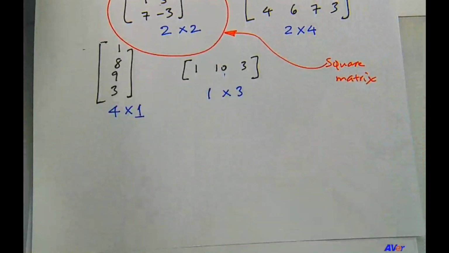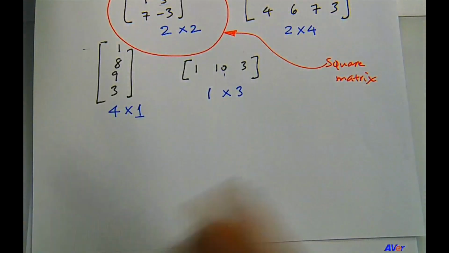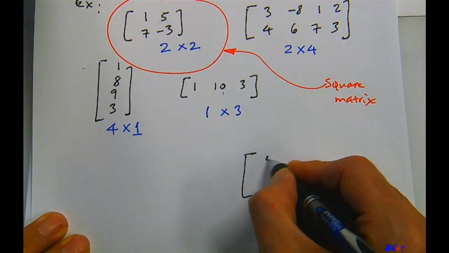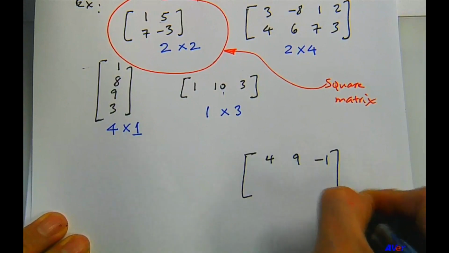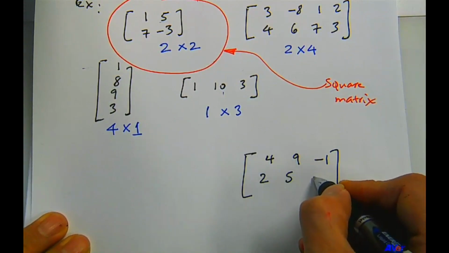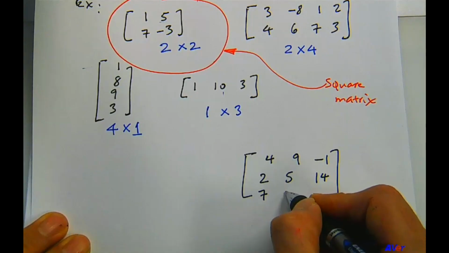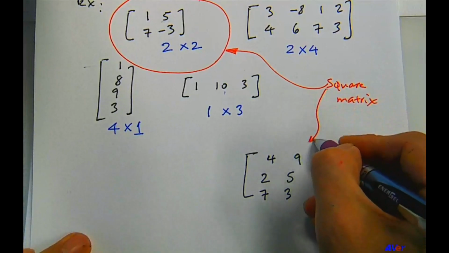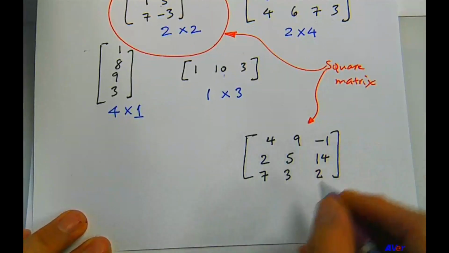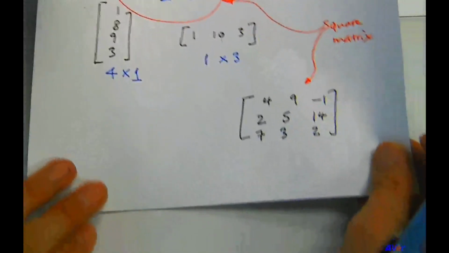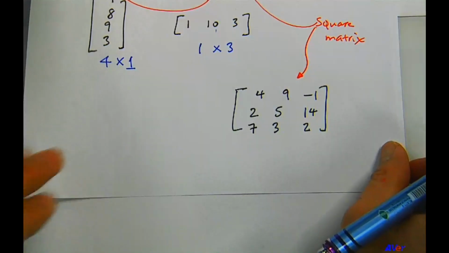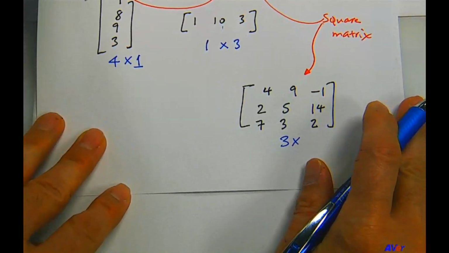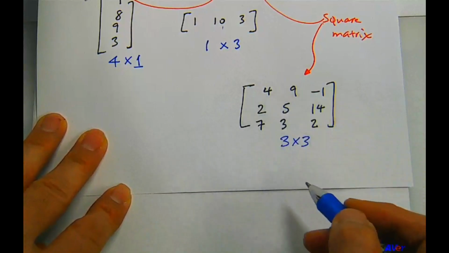Let me give another example here. And this is another square matrix. And the dimensions of this matrix here are 3 by 3. I'm sure you can see that. So 3 rows and 3 columns.